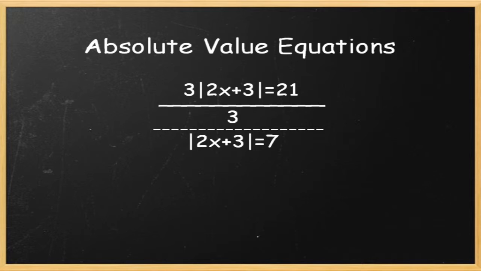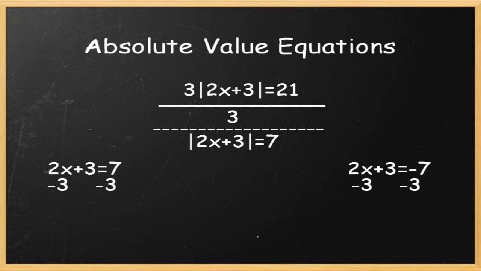Now, the new thing you have to do with absolute values is you draw 2 equations, one with a negative answer and one with a positive, because the absolute value of negative 7 is 7, because negative 7 is 7 spaces away from 0. So now you just do inverse operations like normal.